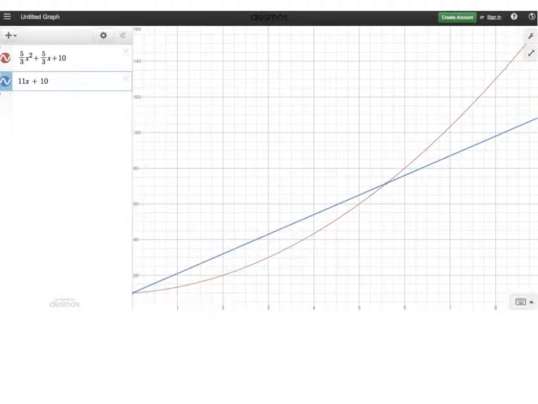So what I've done is I've gone ahead and I've entered the two functions in Desmos. The quadratic function, which is the red one, is for the walker. So red is for the walker. And the blue function is the linear function, and that is the runner. Now the blue function is only valid from 4 to 9.